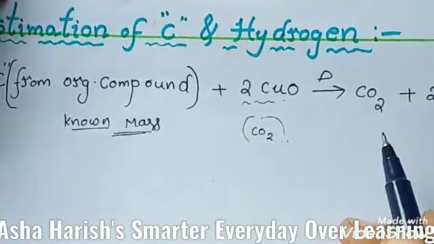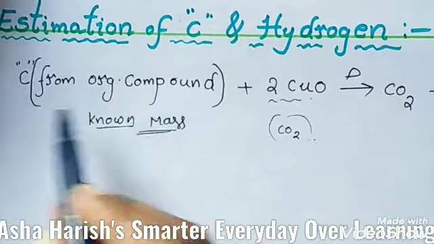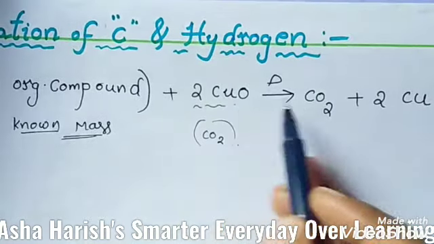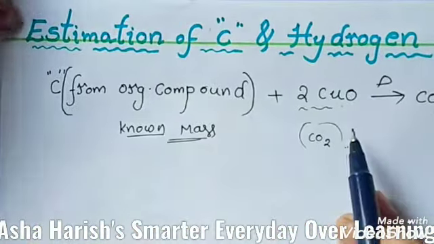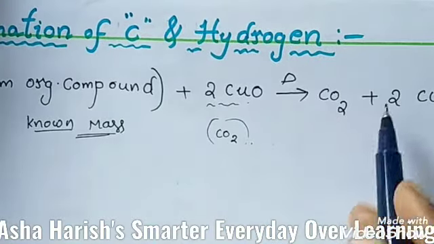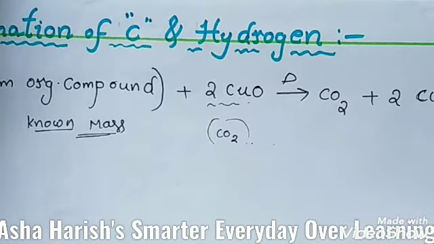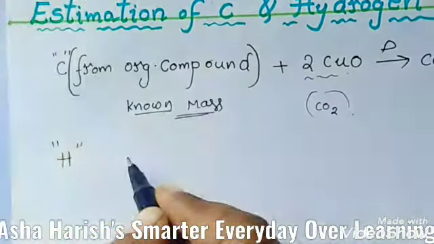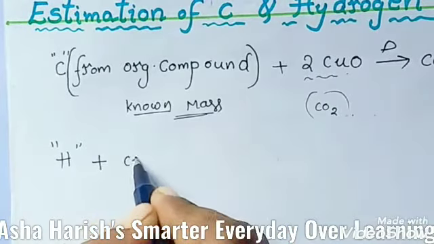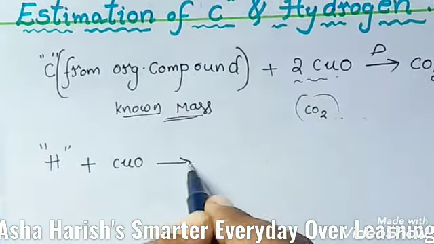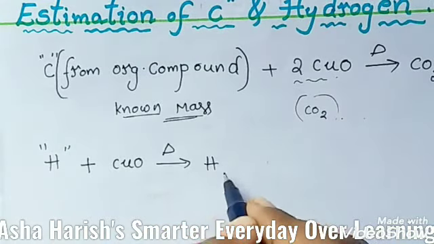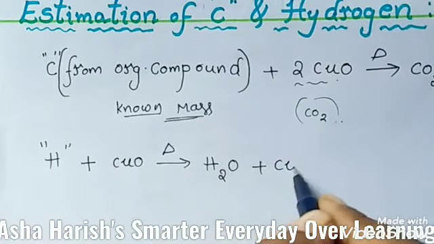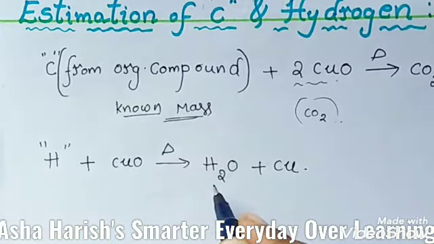Let's see the equation for this. If you take the organic compound of carbon and add excess copper oxide to that substance, then heat gently, the carbon is oxidized into CO2, and Cu is separated. Similarly, if you take hydrogen from the organic compound and add copper oxide, then heat gently, the hydrogen is oxidized into H2O, and here also Cu is separated.